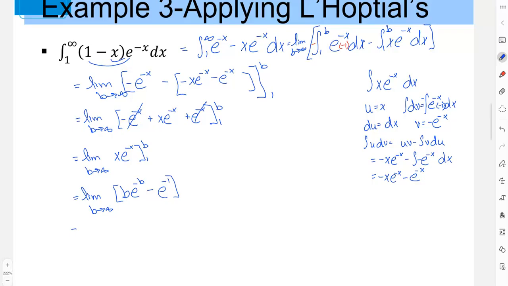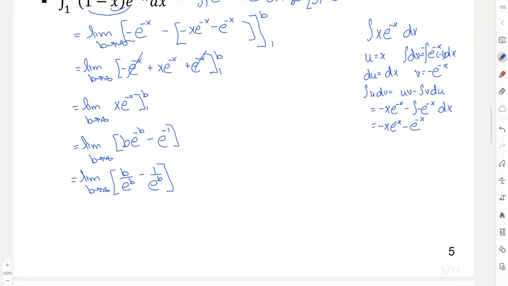So I'm going to rewrite this. So there's b over e to the b minus 1 over e to the b. We want to know what happens as b goes to infinity. Oops. That's not e to the b. That's e to the 1.